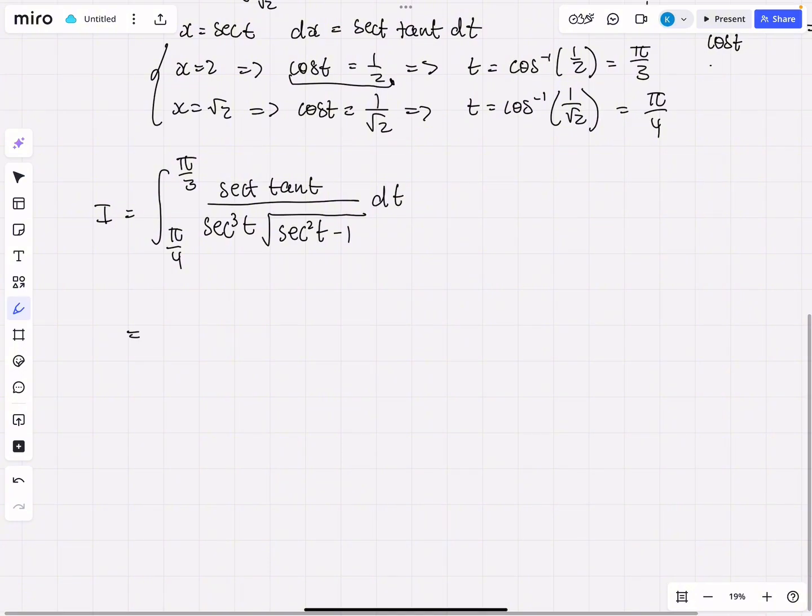So this is going to give us the integral from pi over 4 to pi over 3.